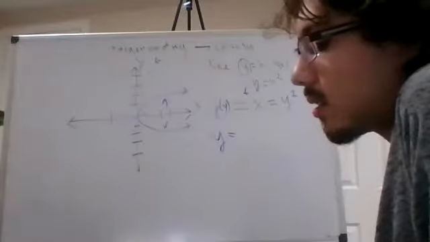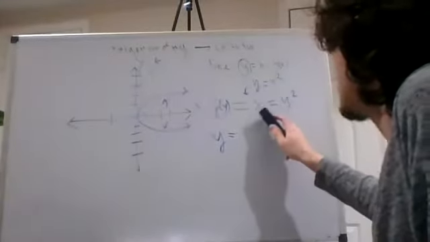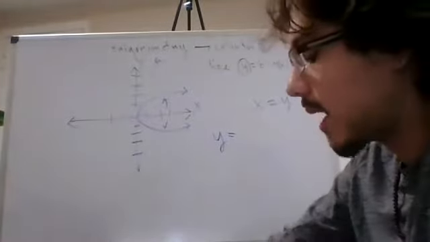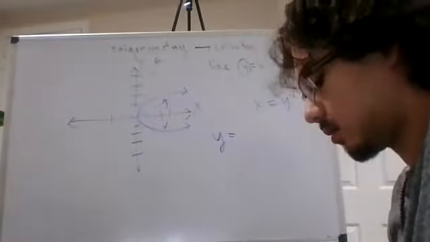Yes, sir. Okay. We know that the original equation was x equals y squared. And now we want to find what y equals. Can you do that? Yes, sir. Okay, could you please do that for me?